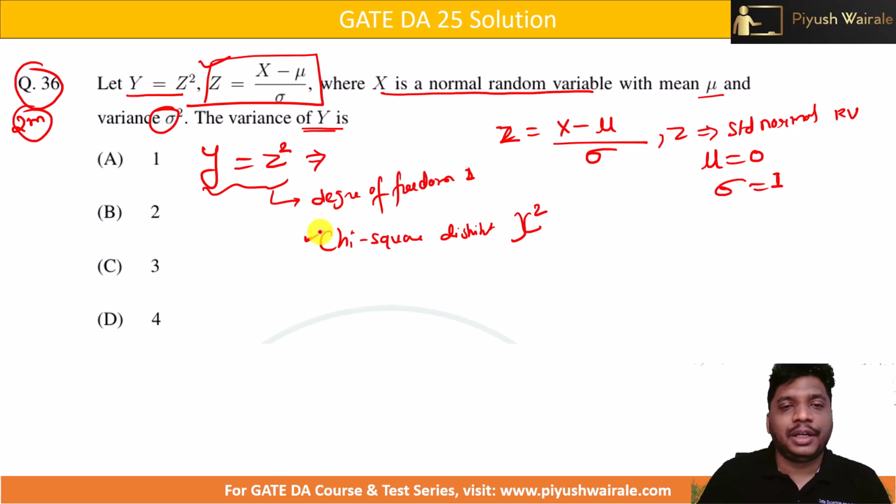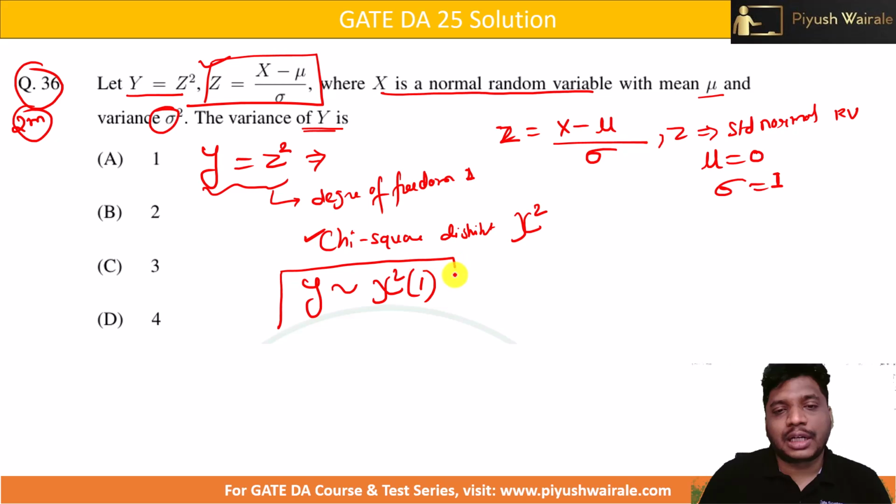Please watch my videos on chi-square distribution and what degree of freedom means in the case of chi-square distribution. So y follows a chi-square distribution with degree of freedom 1. Now, if y follows a chi-square distribution with degree of freedom 1, what is the variance of y?